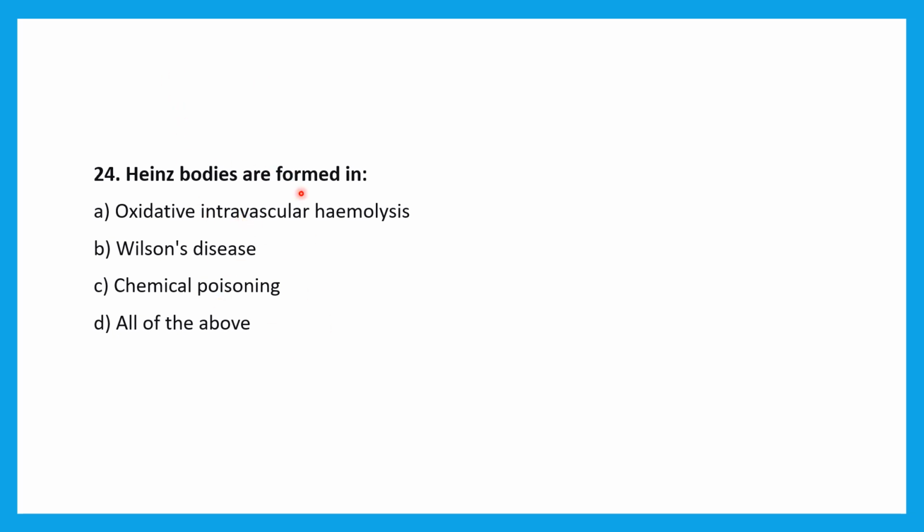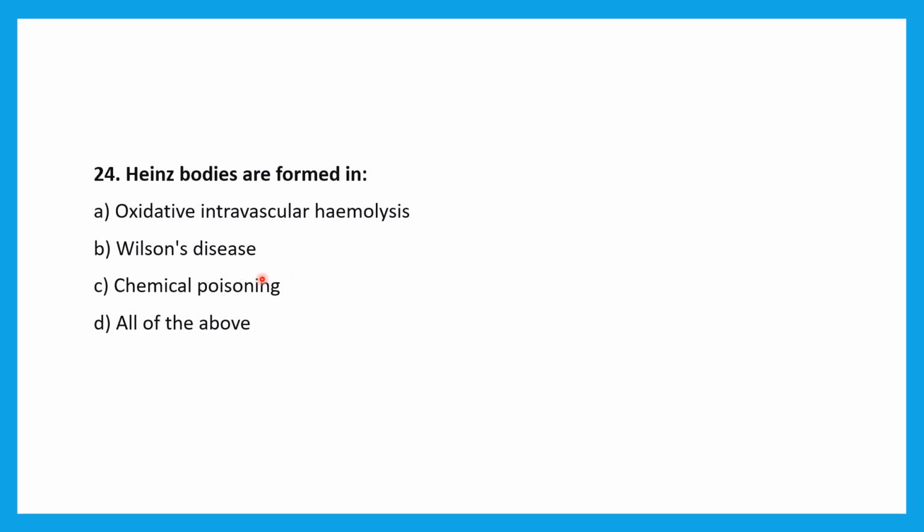These Heinz bodies are a hallmark of oxidative damage, which can be caused by drugs. Okay, not only drugs but also chemicals, and not only chemicals, but also enzyme deficiency such as what? G6PD deficiency. Now, Wilson's disease is copper toxicity, isn't it?